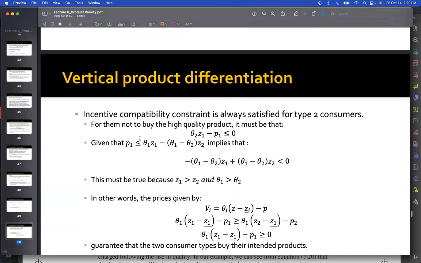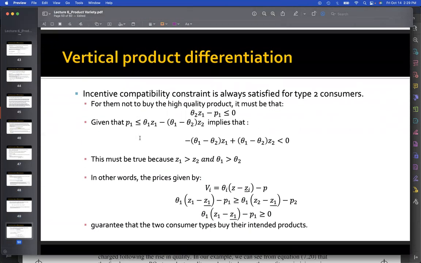All right, next. Now, the incentive compatibility constraint is always satisfied for type 2 consumers. For the people who prefer low quality not to buy the high quality, it must be that theta 2, which is their willingness to pay for quality, times the quality parameter of the high quality product, minus the price, has to be negative. In other words, they'd rather not buy it.